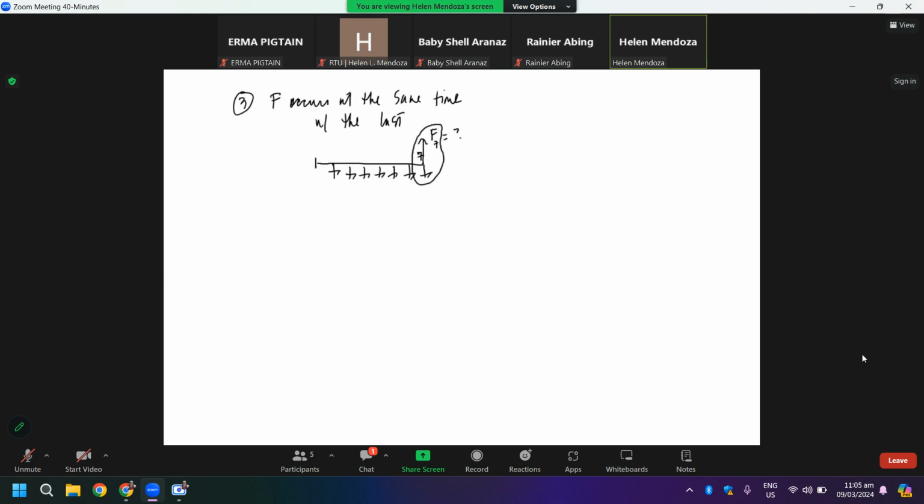Substitute values in the formula because it satisfies the restriction that an F value may be taken at the same time with the last A.